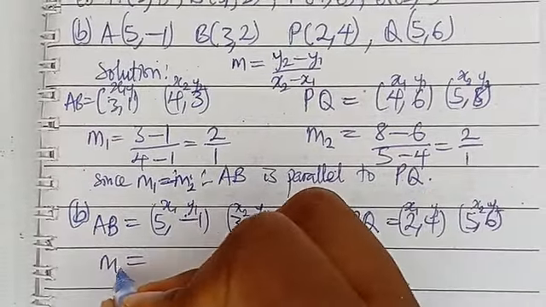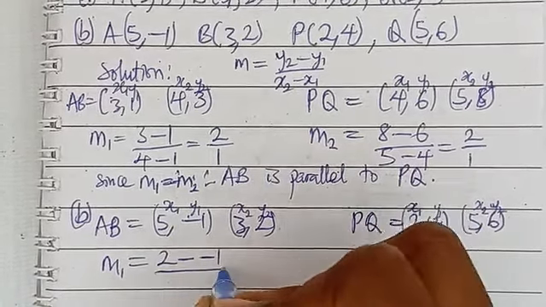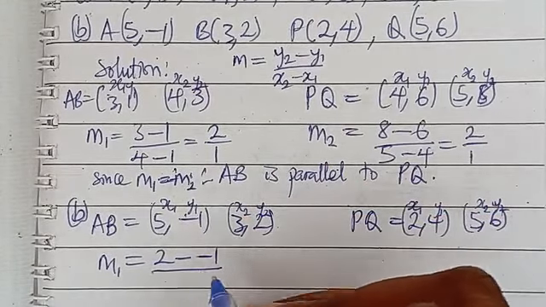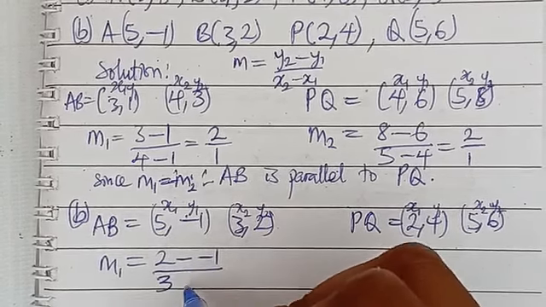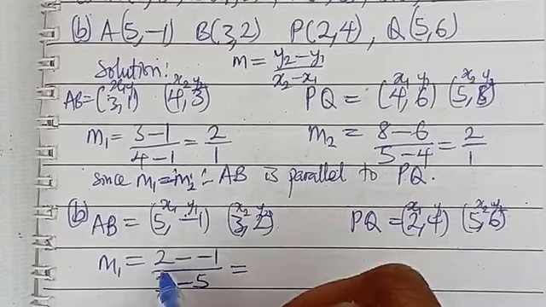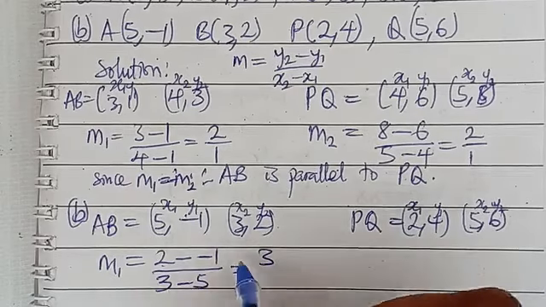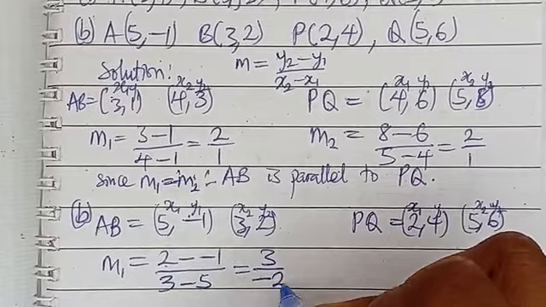So we have that m1 is equal to y2, which is 2, minus y1, which is negative 1, and the denominator becomes 3 minus 5. So 2 minus minus 1 is 3. That's 2 plus 1. 3 minus 5 is negative 2.